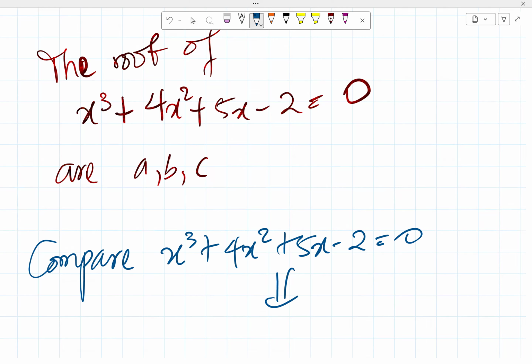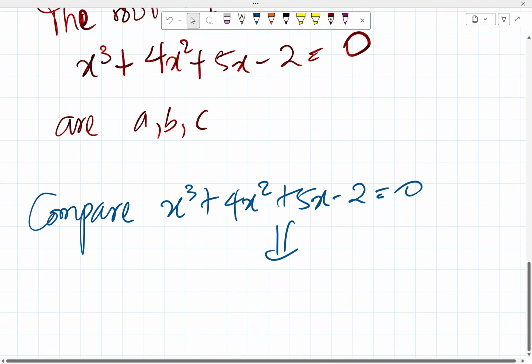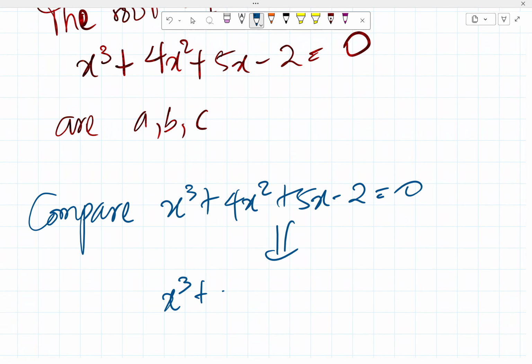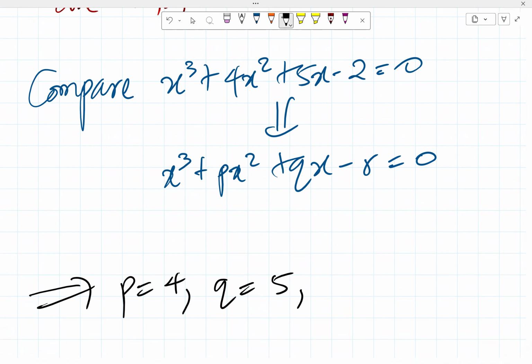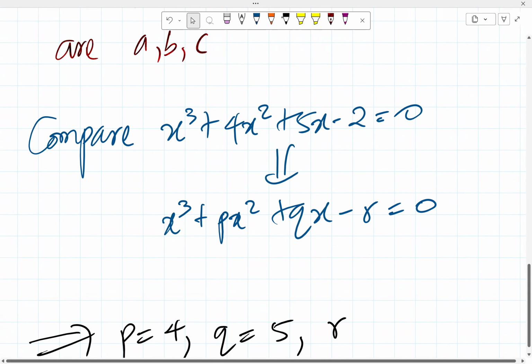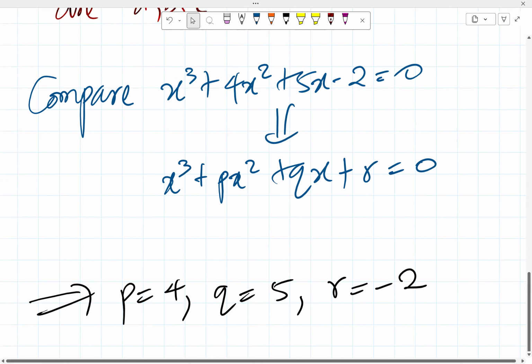Since the roots are already ABC, I want to use something else, maybe PQR. So we have x cubed plus px squared plus qx minus r equals 0. This implies that p is equal to 4, q is equal to 5, and r, this R should actually be positive, so now we can say R is equal to minus 2. So the sign is important.